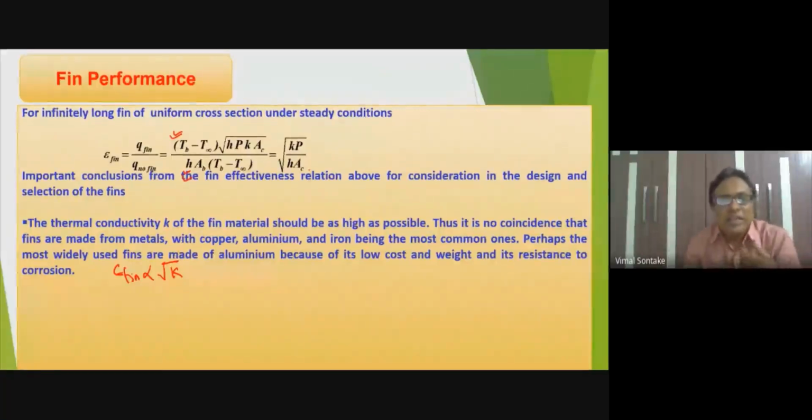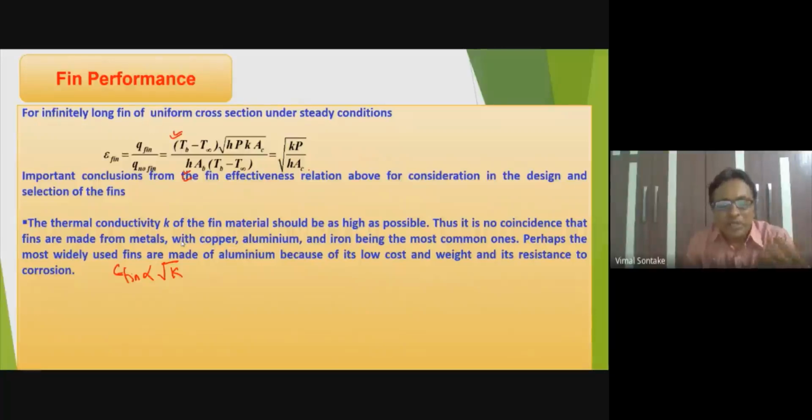So what I can conclude, more will be the thermal conductivity of the material of the fin, more will be the effectiveness. And we know copper, aluminum and steels, these materials have highest thermal conductivity amongst the other materials. So fins are generally made up of copper, aluminum or steel.